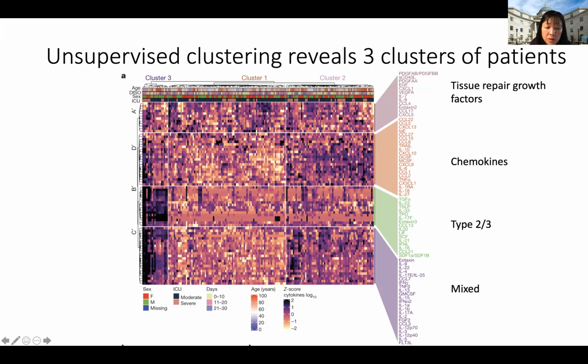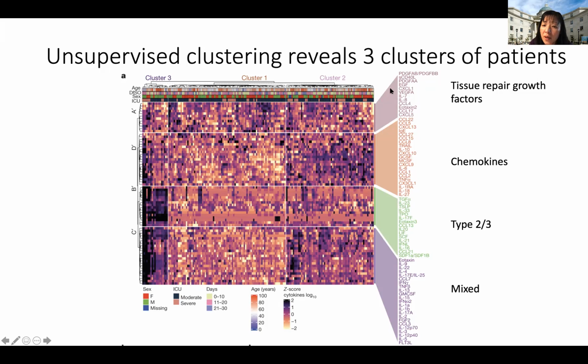The first cluster has the most enrichment in the first type of signature. And so the darker the color, the higher the levels, the Z score for the particular cytokines. What you see is that cluster 1 has an enrichment in the factors that look like they belong to tissue repair growth factors, such as VEGF, PDGF, EGF.